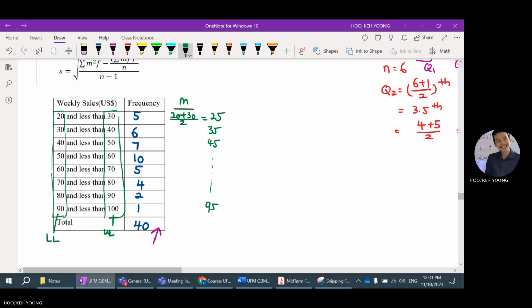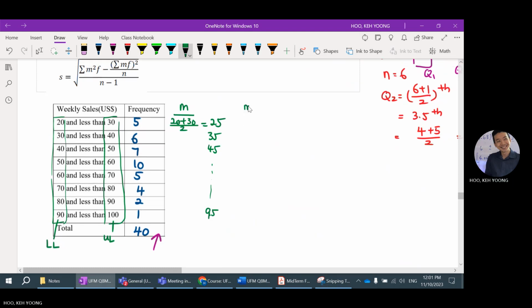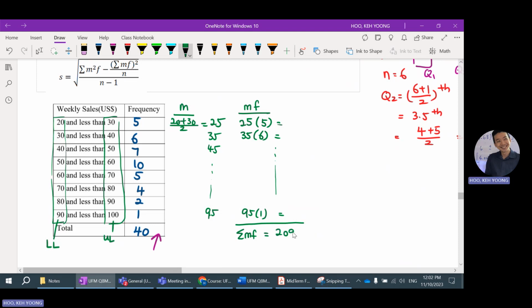Then we will take the midpoint multiplied by the frequency of each class, till the last one, 95 times 1. The sum of these would get you the total MF. What is the total? 2090. Okay, you should have this answer.